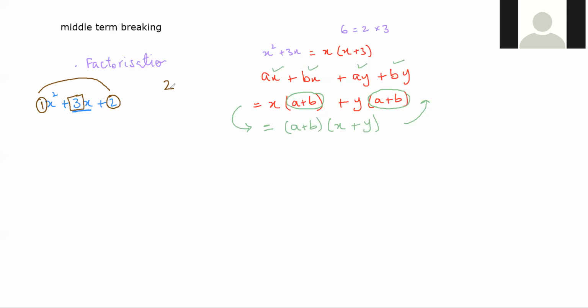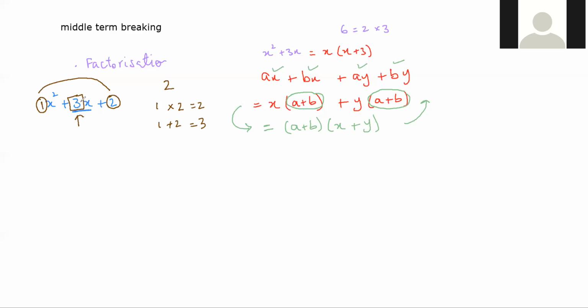You write this number as a sum of two different numbers such that their product is 2. The only possibility is 1 and 2. What is the product of 1 and 2? That is 2. And what is the sum of these two numbers? That is 3. The product is 2 and the sum is 3.